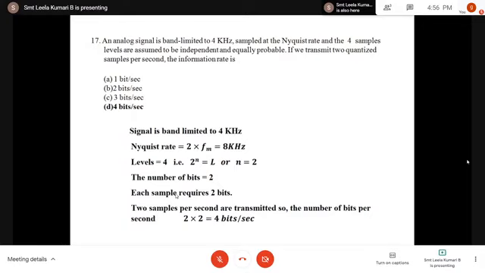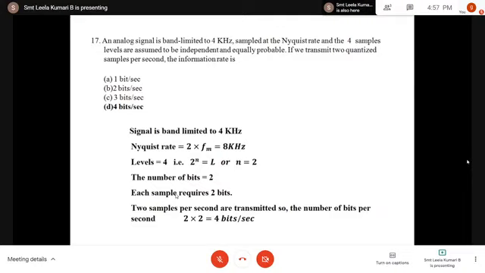And 4 sample levels are assumed to be independent and equally probable. So the number of levels is 4. Therefore, these 4 levels can be expressed as 2 to the power of n. Since 4 can be expressed as 2 squared, n is equal to 2. So 2 bits are required to represent each level.